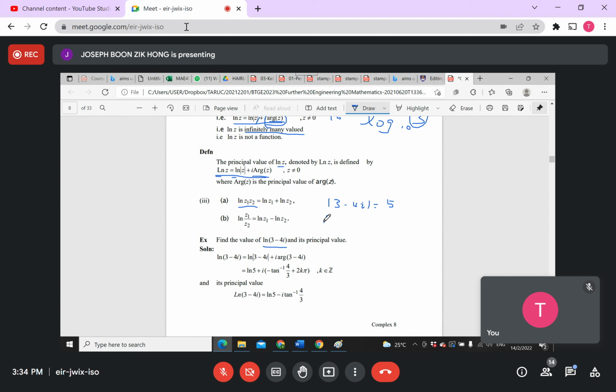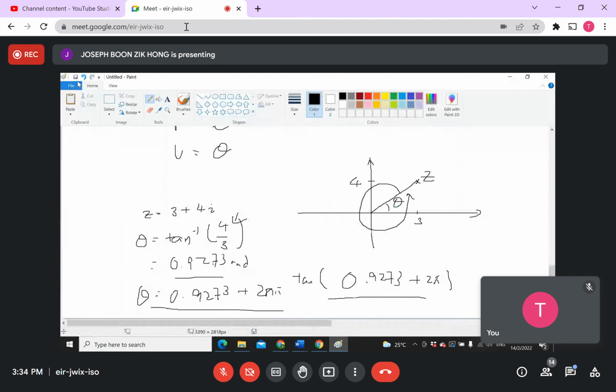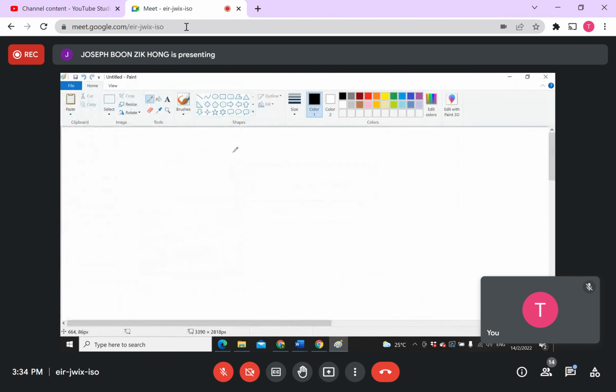And then the argument. The argument of 3 minus 4i. So now we try to draw. Where is 3 minus 4i? It will be something here, because this one is 3, this one is negative 4.